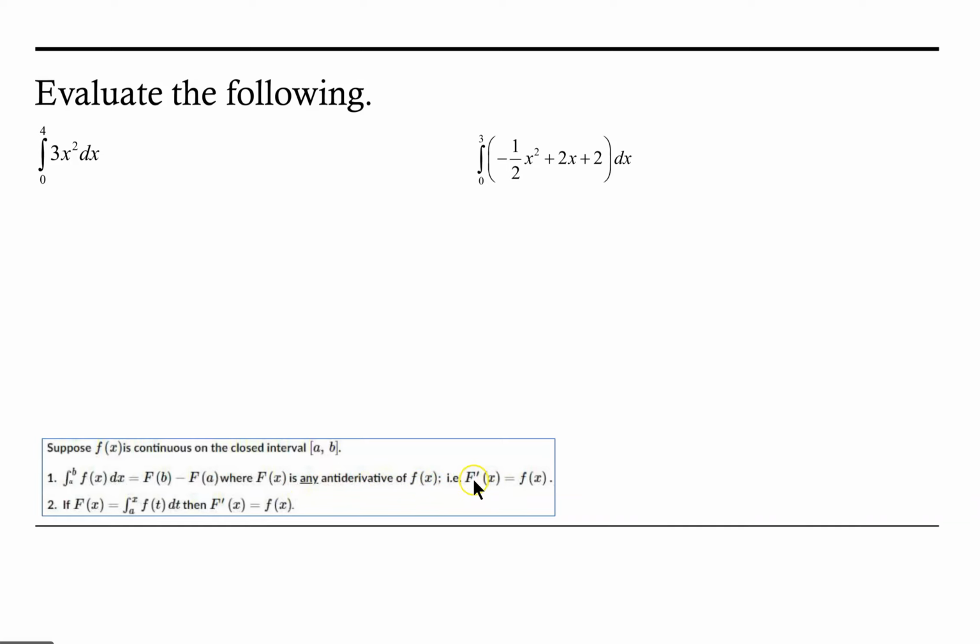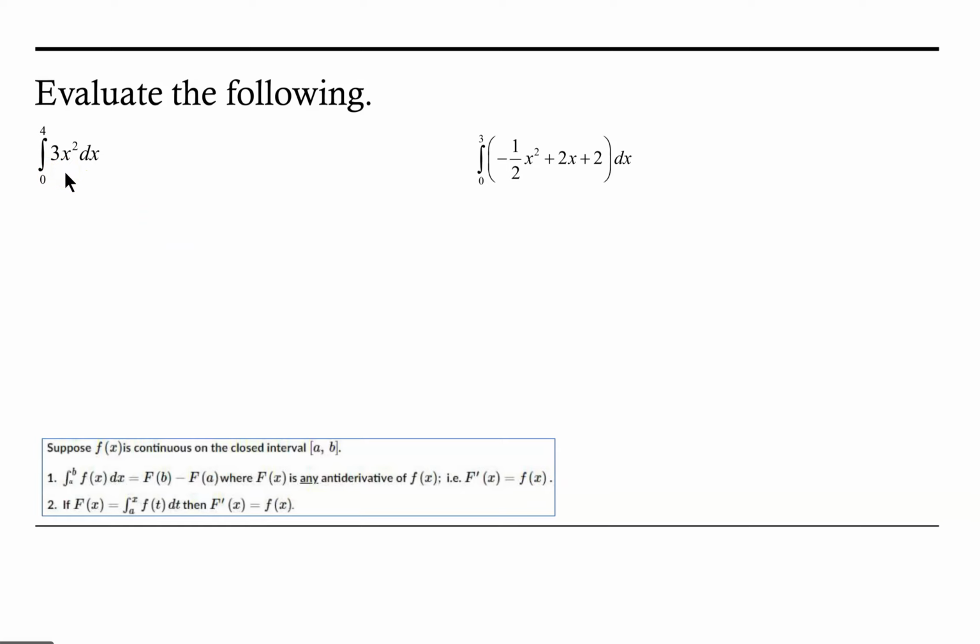And the connection between the antiderivative and the integrand is that the derivative of the antiderivative must equal the integrand. So let's take a look at our first example here.